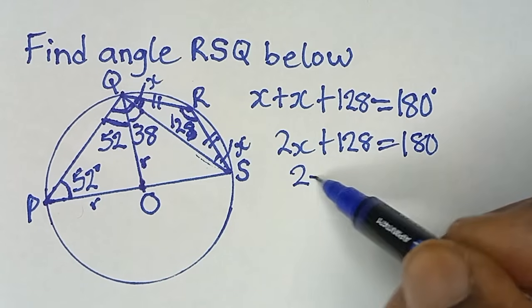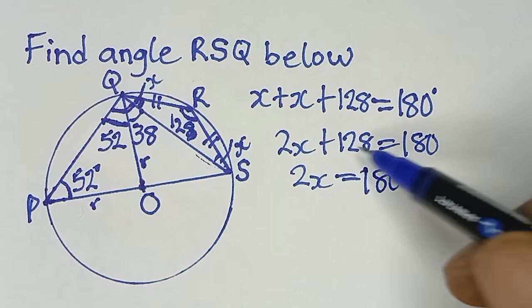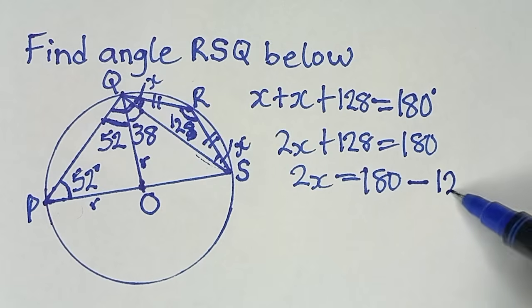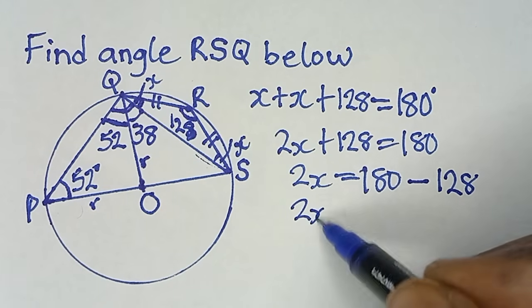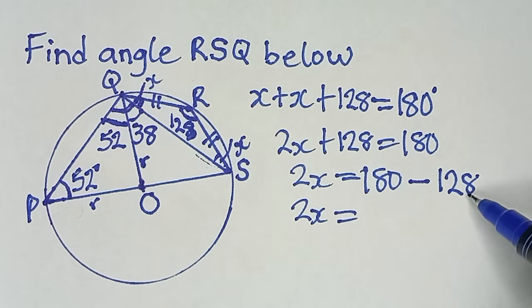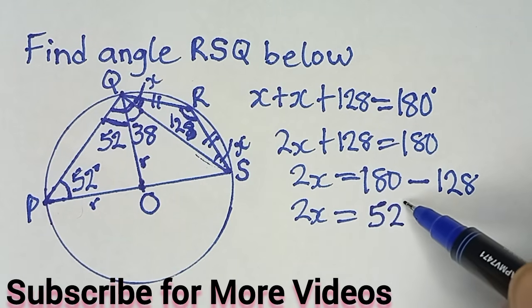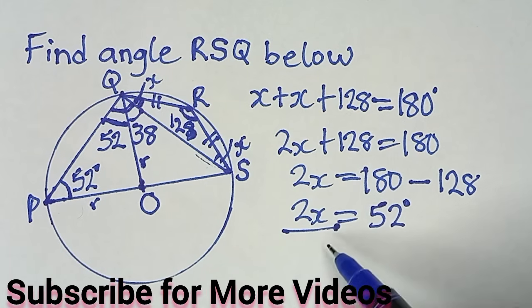I can simply say 2x is equal to 180. When this plus 128 comes to this side, it becomes minus 128 degrees. So 2x will be equal to 180 minus 128, which gives us 52 degrees. To get the value of x, I simply divide both sides by 2.